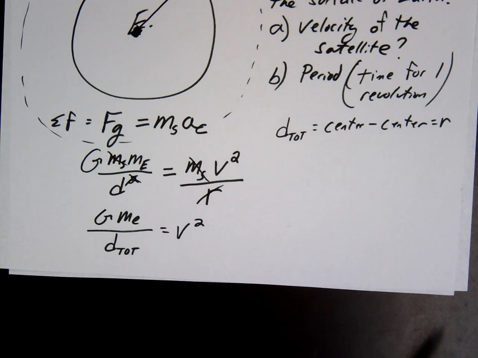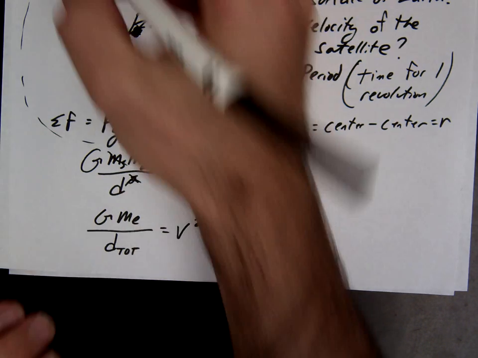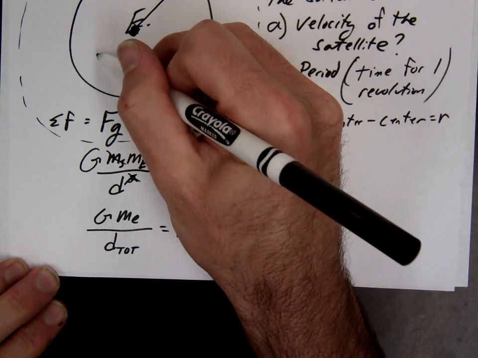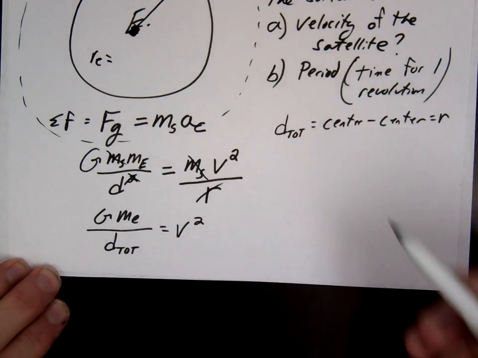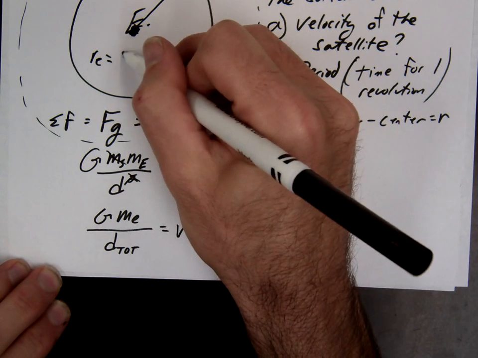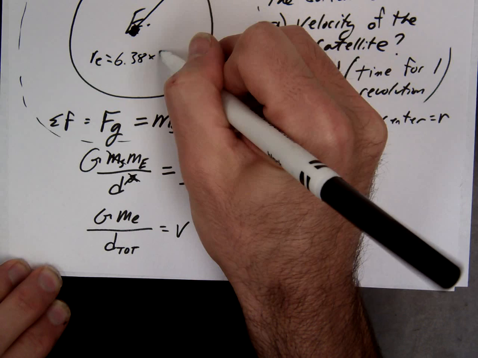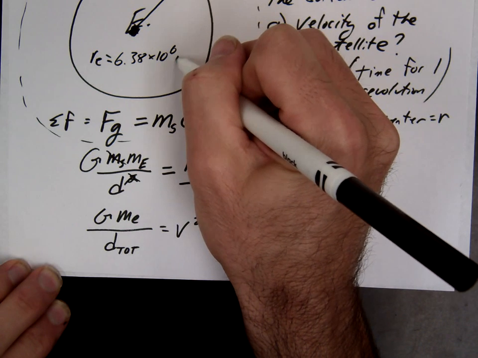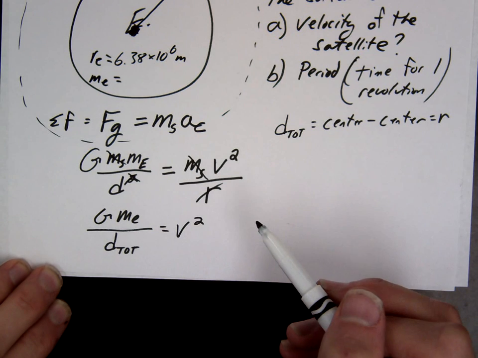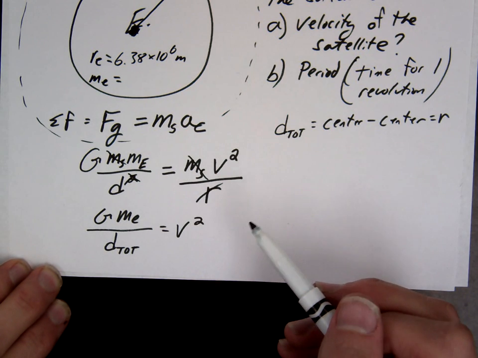I have it on the board, but it's covered up, so let's just write it up somewhere. So radius of the Earth is, how much is it? And the mass of the Earth, 5.97.